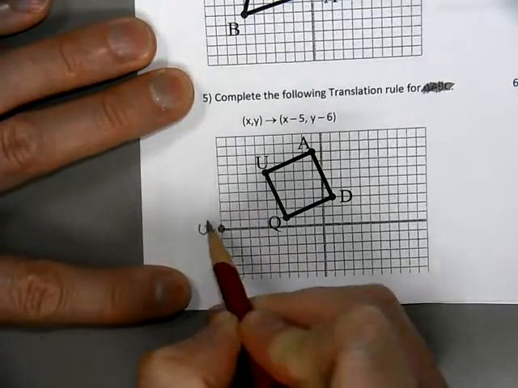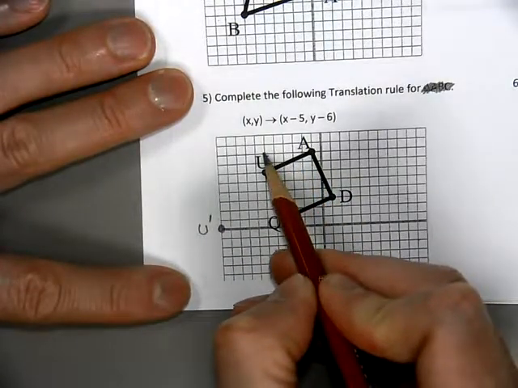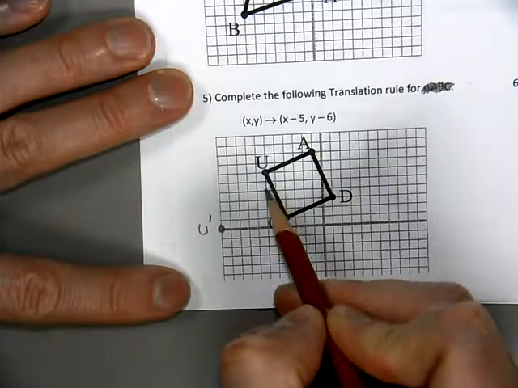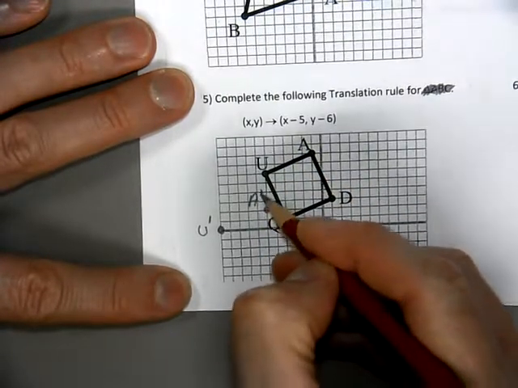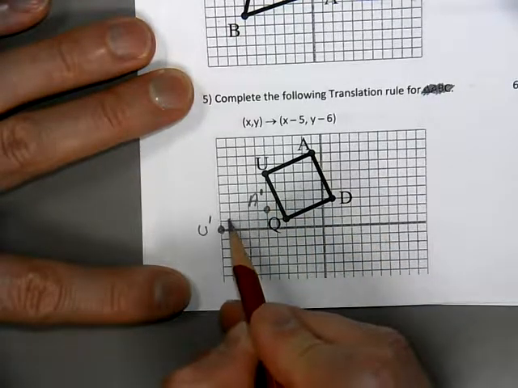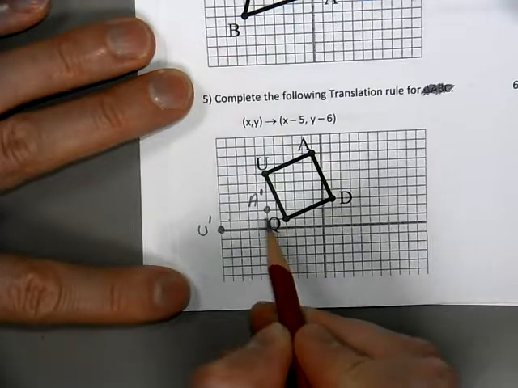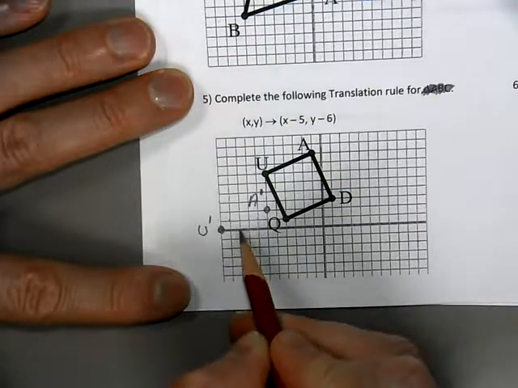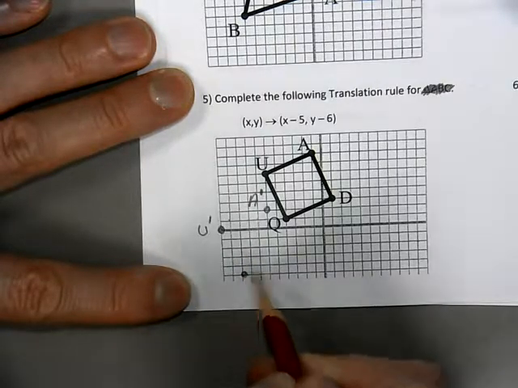So that would be U prime. 5 to the left, 6 down. A prime. Try that again. 1, 2, 3, 4, 5. 1, 2, 3, 4, 5, 6.